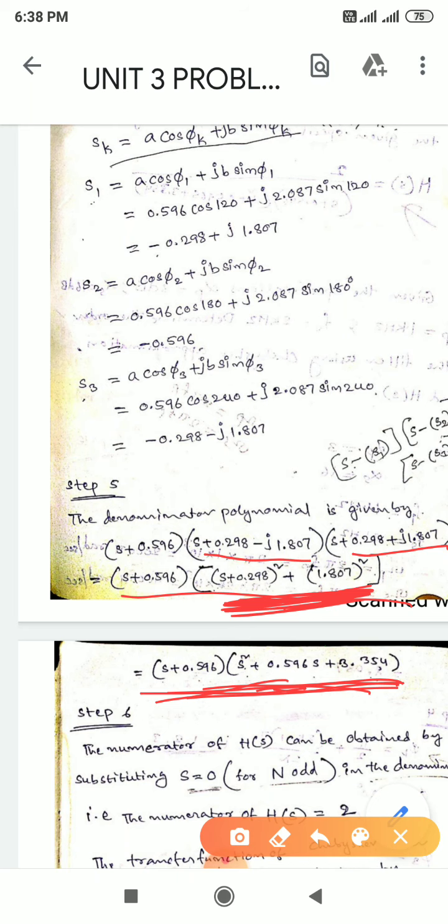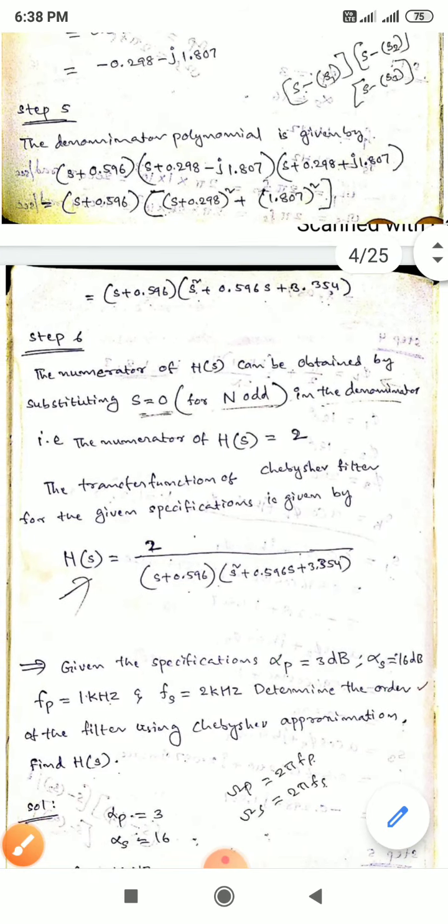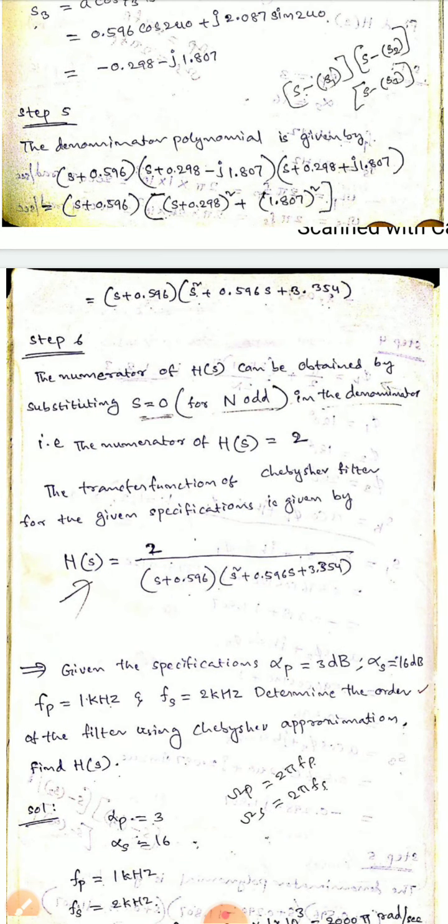After determining the denominator polynomial of H(s), we are determining the numerator polynomial of H(s). What is the order of the filter here? Order is N equal to 3, an odd value.